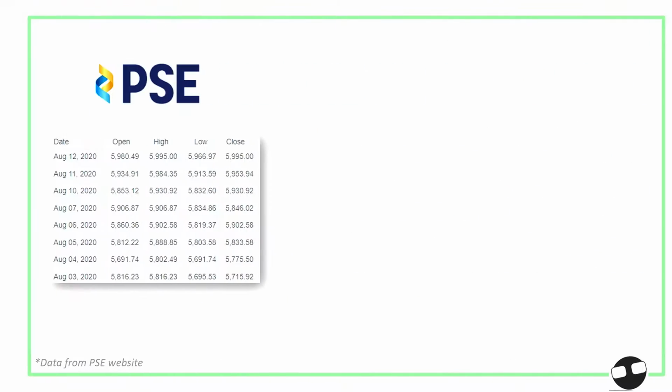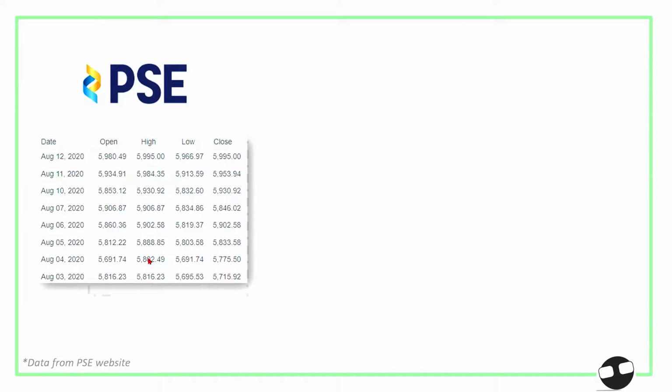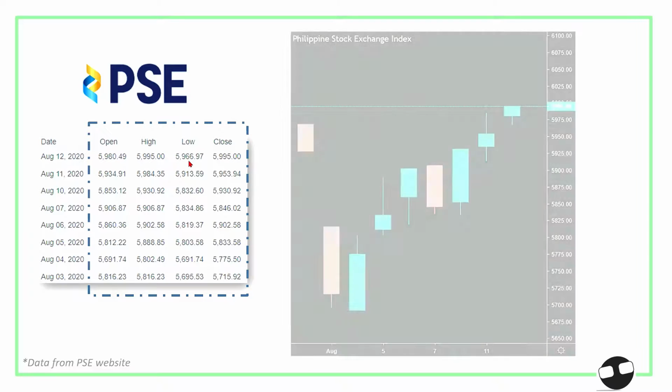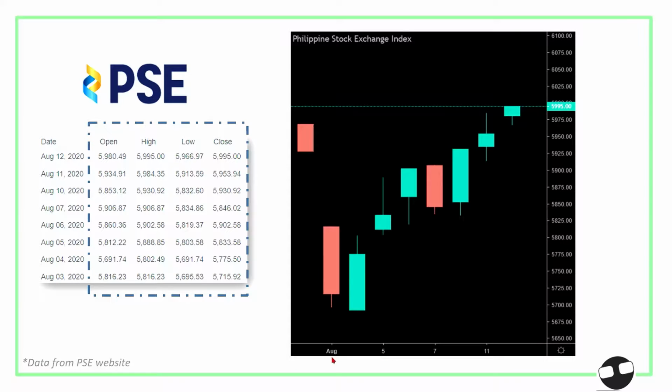And jumping to the application, we will still be using the four data here. And if you plot that in the same time frame, for the PSEI, look at the first candle here, that's August 3. We can see here a bearish red candle.